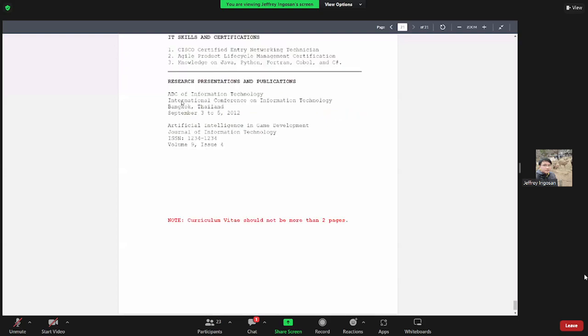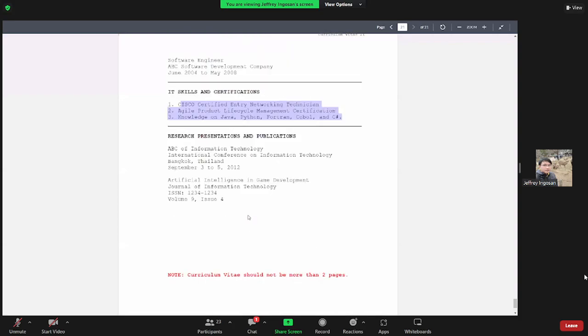Because remember, you're only limited to 2 pages. Similarly, sir, I have 50 certifications. You just choose. You cannot put everything in your CV. Because there were instances in the past where some students tried to put 10 pages for their CV. So you're only limited to 2 pages.